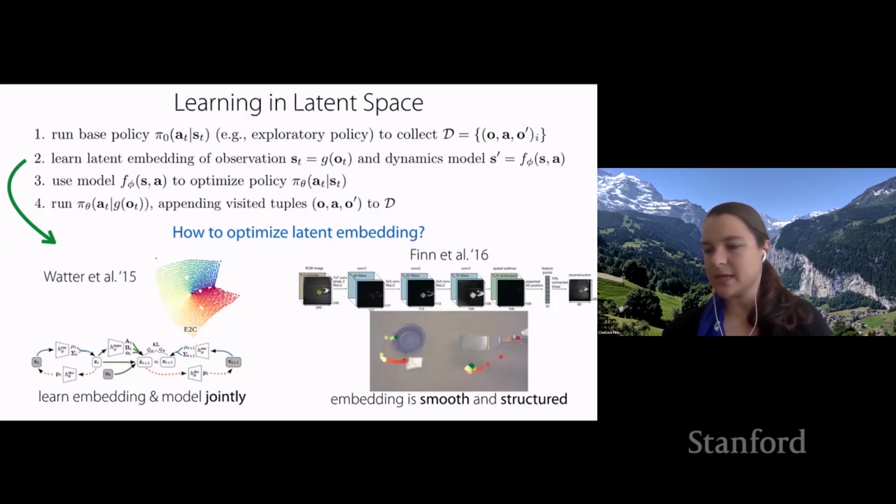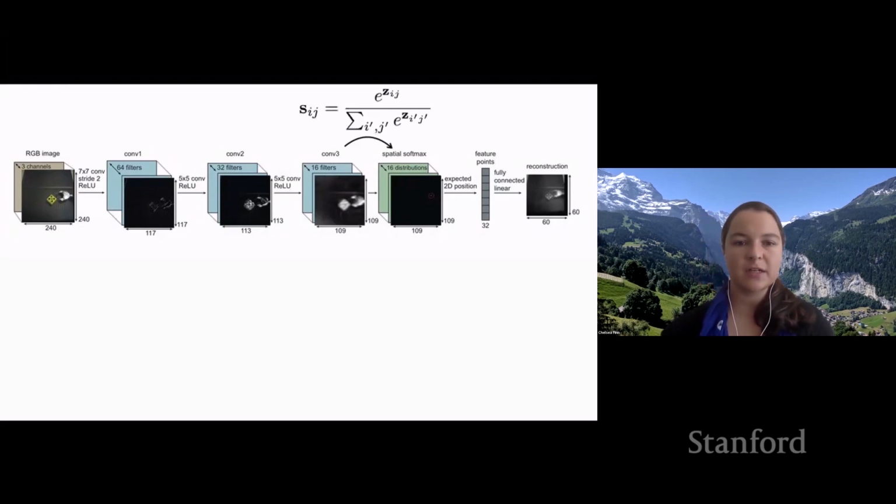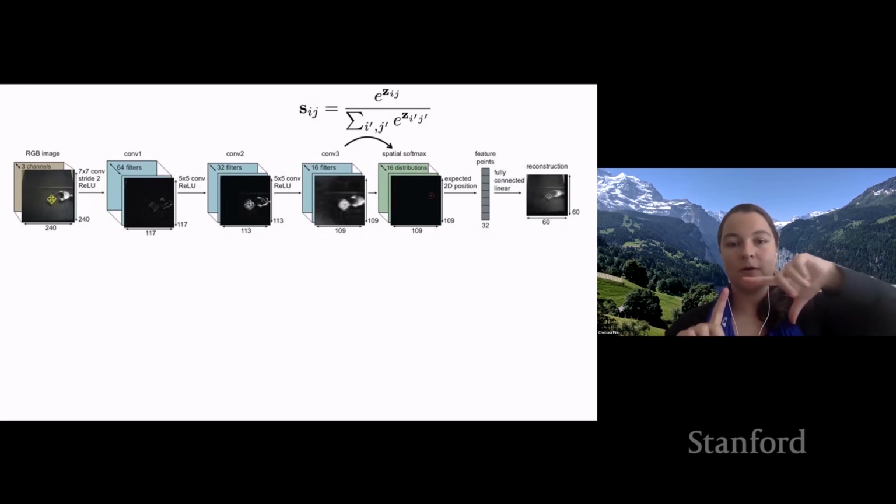Specifically, it's an autoencoder where the goal is to reconstruct images. We want to impose this 2D structure onto the latent representation. To do that, on top of the last convolutional layer, there's this spatial softmax, which essentially exponentiates each of the activations and then normalizes over the activations within the spatial dimensions.